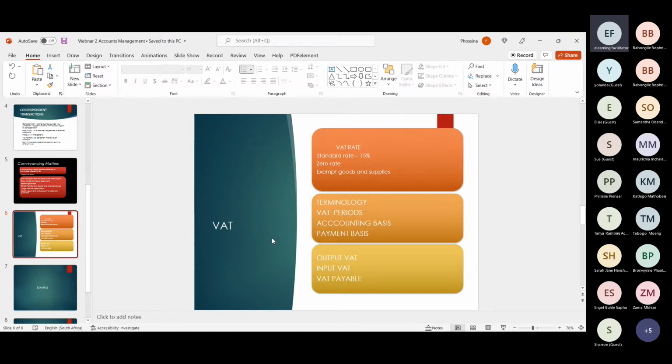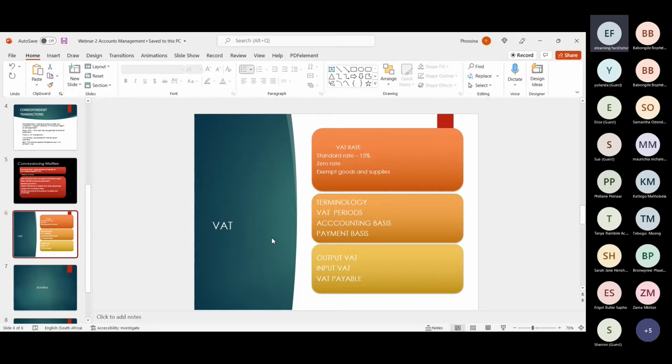Okay, and then let's look at the VAT terminologies. We've got what we call the VAT periods. Once a vendor is registered with the South African Revenue Service, they are given a confirmation that you are now registered on this day. The firm is registered, or in your individual capacity, whatever business you are carrying on.